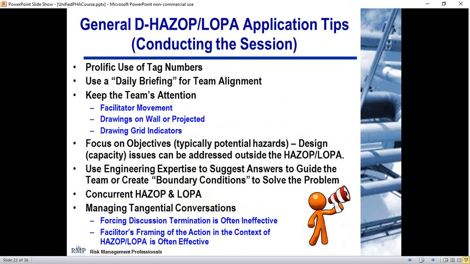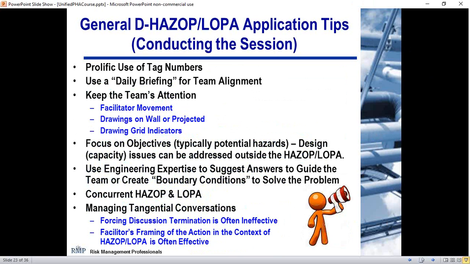You don't need to know the pressure to 5 decimal places typically. Often you need to know, is there time for the alarms to engage and the operator to respond to the alarms and actually have the process safety impact? Is there time for the safety instrumented system to respond? You often don't need that degree of detail. You just need to know that it's below a certain value or above a certain value. So a good facilitator can set boundary conditions to help the team make decisions.